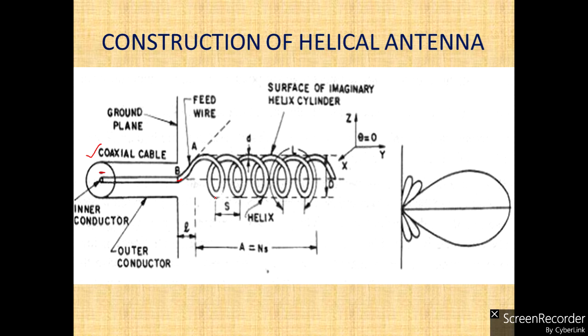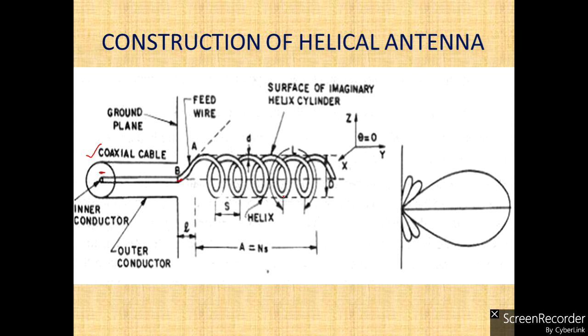Then one complete round has been taken as the circumference, or the length of the single loop of the helical antenna, right? When I say loop, a loop antenna we have seen in the previous video. If we have one conductor in the form of a loop, and we have n number of turns for that loop, it becomes a helical antenna.